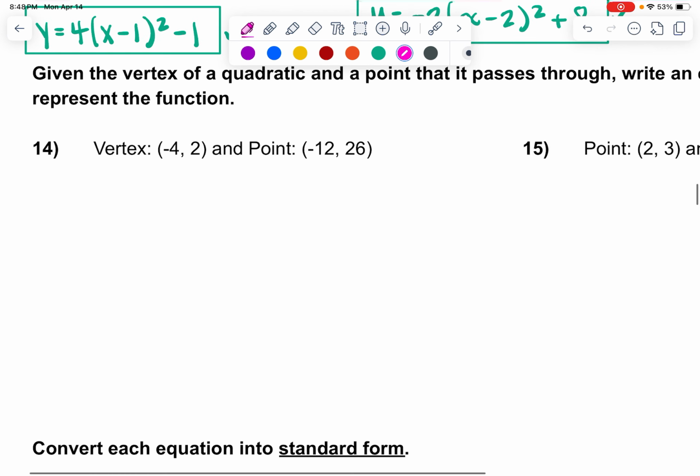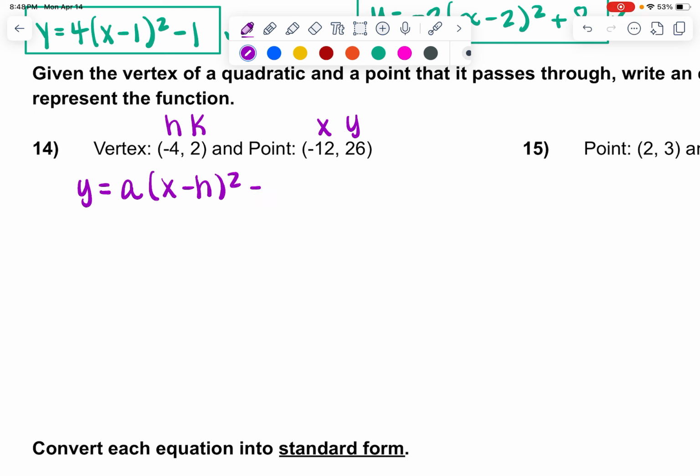So here we go. Remember, the vertex is the hk and the point is the xy. I'm going to go ahead and write it again: a(x minus h) squared plus k, right? I'm going to color code this.